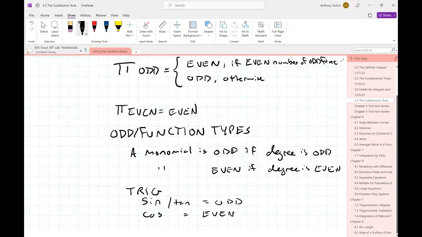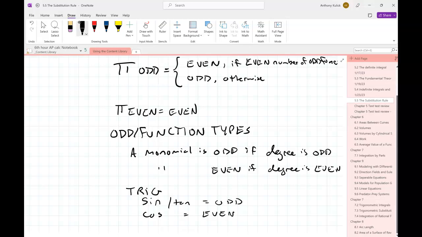Secant also even. Arcsine and arctan are both odd. I don't think arccosine is defined as even because it's from 0 to pi, so there's no symmetry at the origin there, where the arctan and arcsine are defined from negative pi over 2 to positive pi over 2.